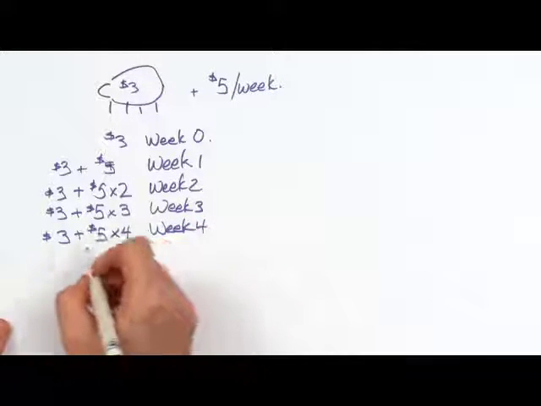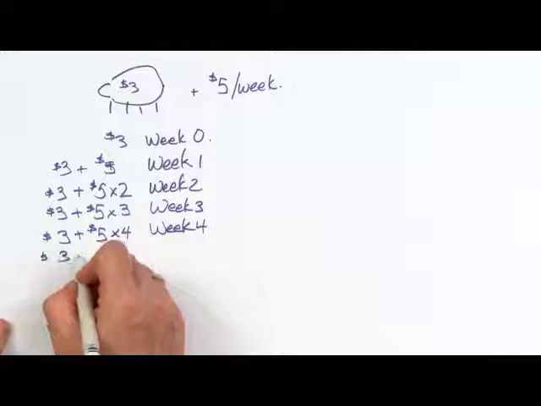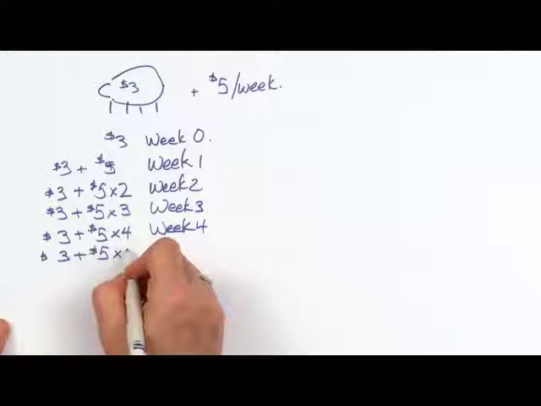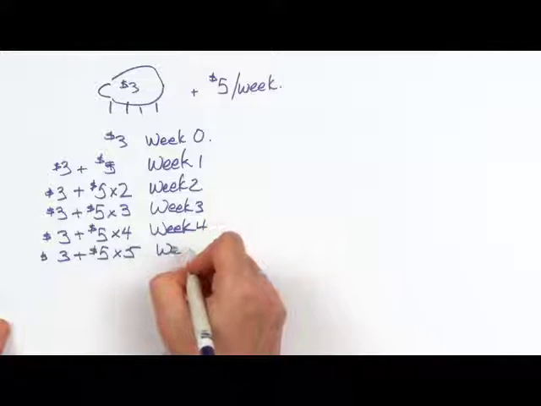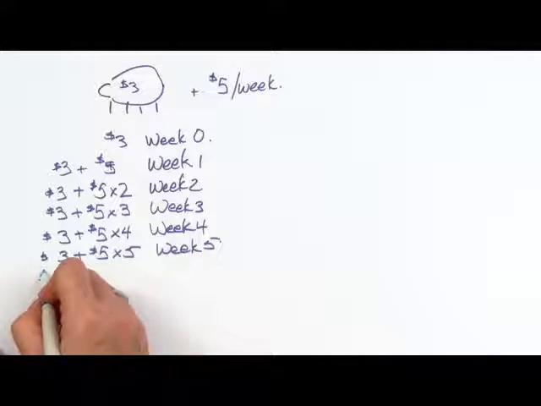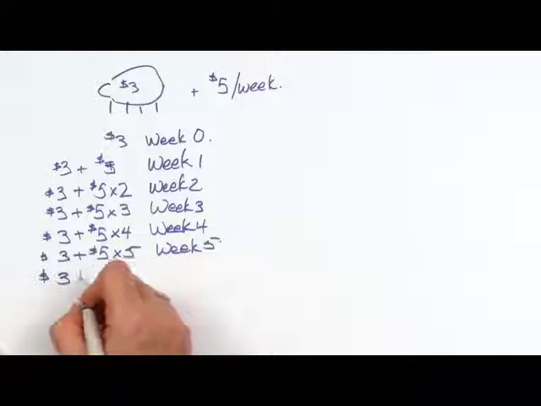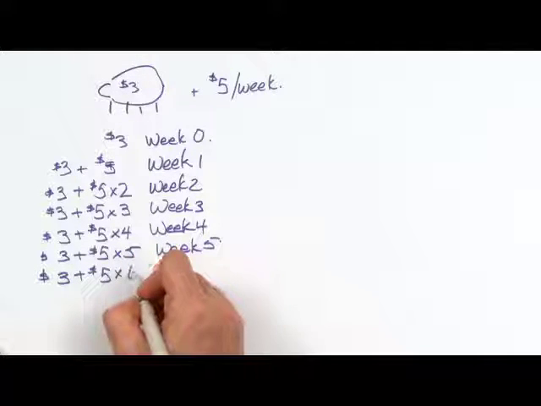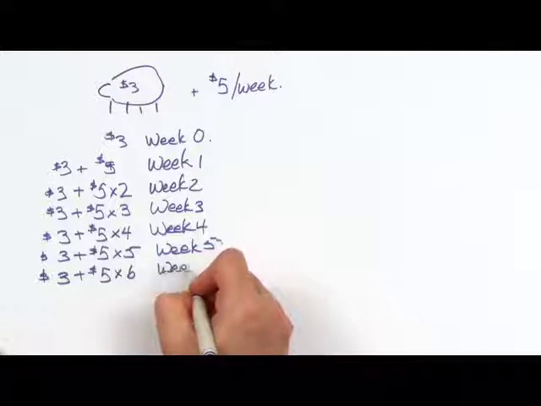I could continue the pattern in the same way and say I have my original $3 plus $5 times 5 because this is week 5. And then my original $3 plus $5 times 6 because this is week 6.